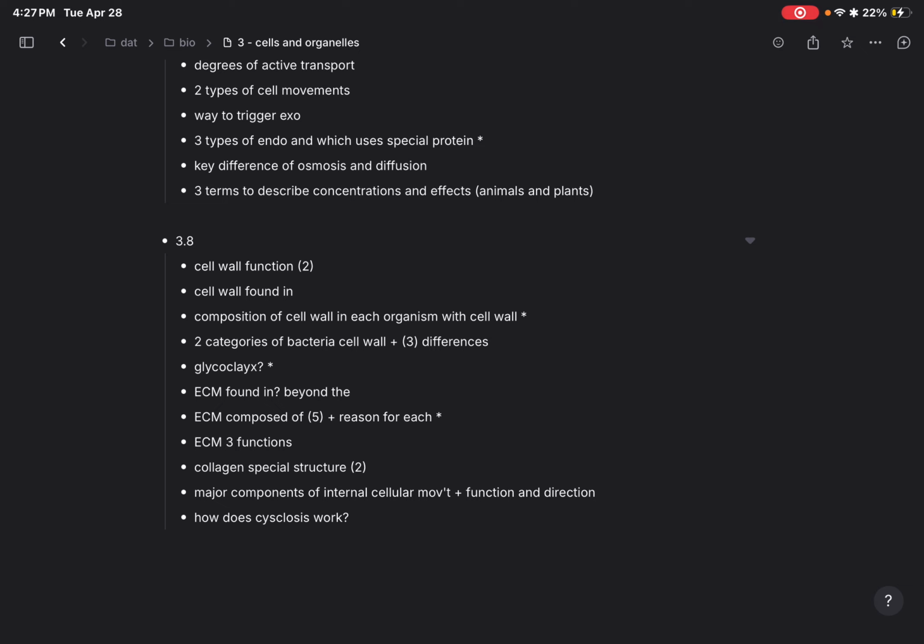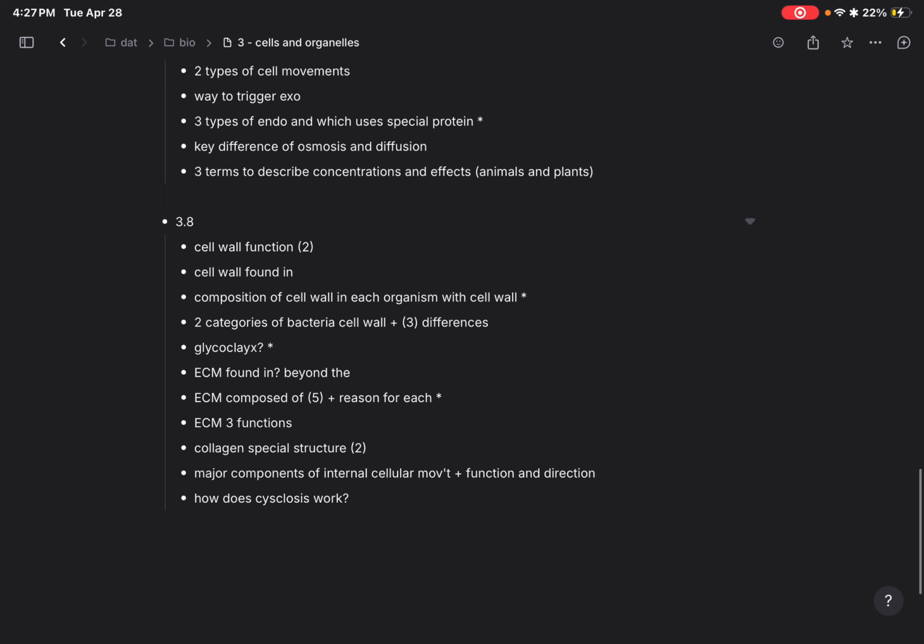If you say the solution is hypotonic, that means there's less concentration compared to the other thing. If you put a red blood cell into a hypertonic solution, there's higher concentration outside, so water goes out of the cell, and it will shrivel and not be good.